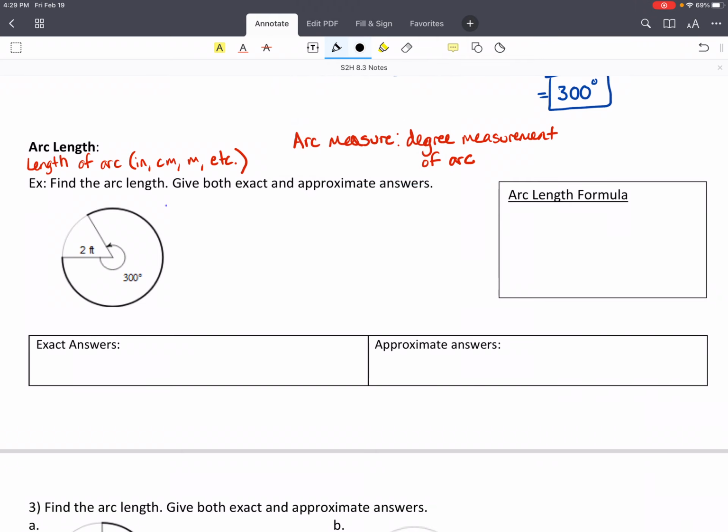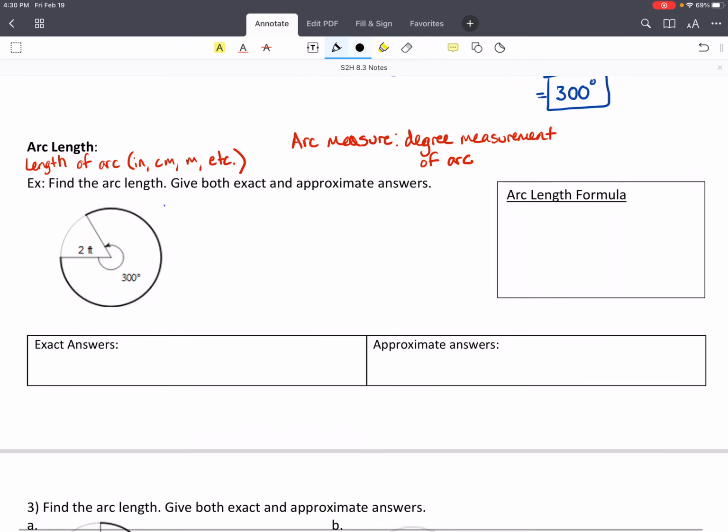I'm going to show you something. The arc length also is just a portion of the circumference.